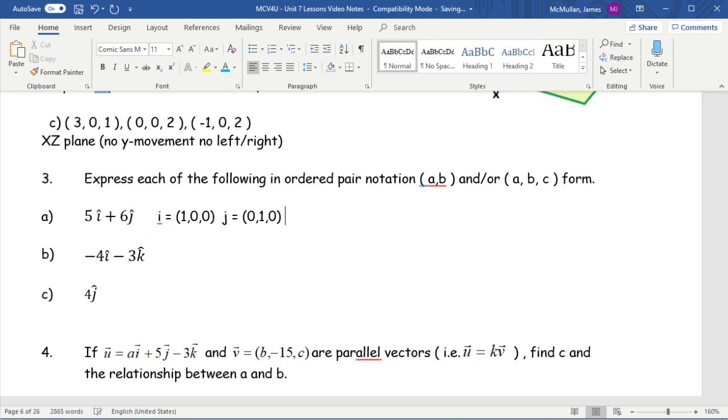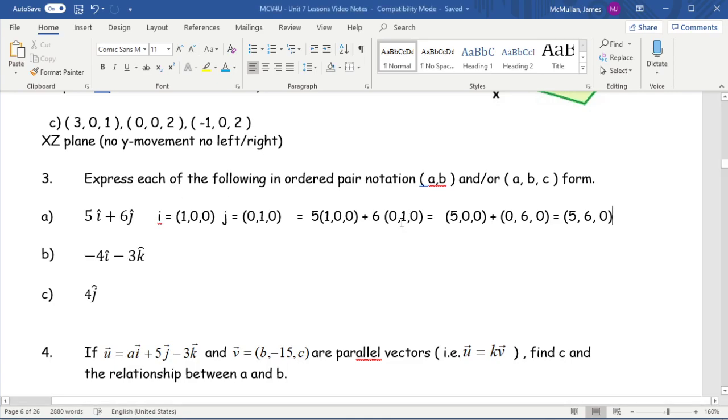So what would happen if you were to add 5 times 1, 0, 0 plus 6 times 0, 1, 0? Well, you would get 5, 0, 0 plus 0, 6, 0. And when you add those two things together, you would get 5, 6, 0. Okay? This is what is so powerful about components.